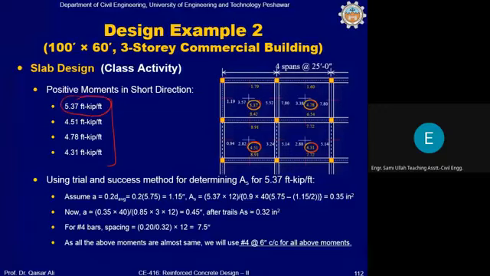For this, if you calculate the design reinforcement from trial and error, the design reinforcement is coming 0.32 inch square, and for number 4 bar the spacing is coming 7.5. So as all the moments are almost the same, we will use number 4 at 6 for all the above moments.